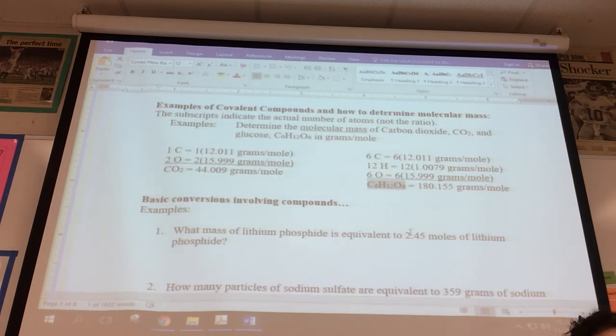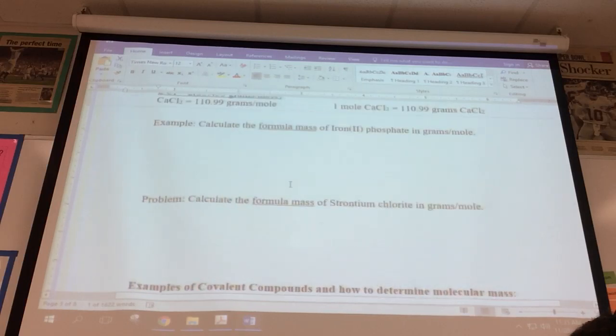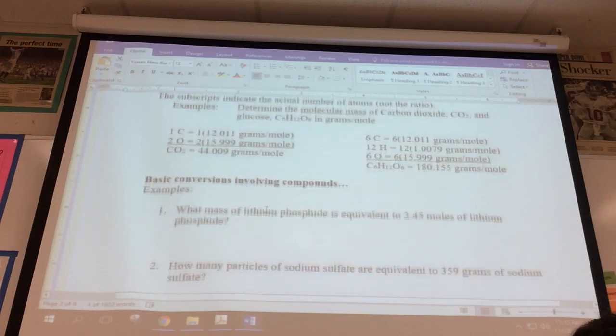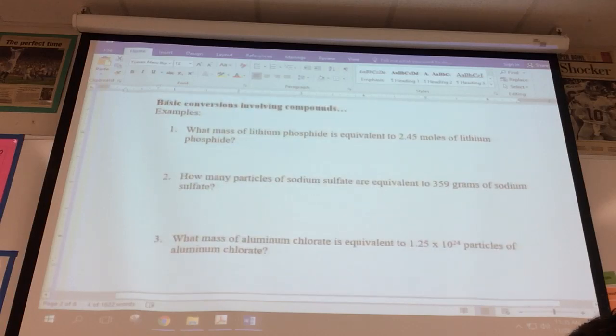The ionic one is much more challenging, which you've also already been successful with. Now that you know how to determine molecular mass, that is the mass in grams for 1 mole of a covalent compound, or the formula mass, that is the mass in grams for 1 mole of an ionic compound, you can do basic conversions involving compounds.